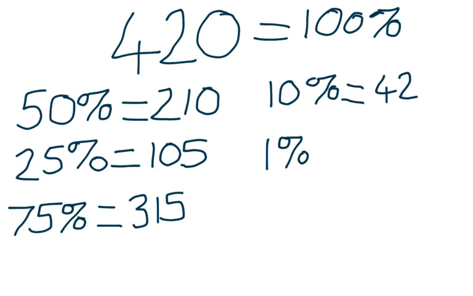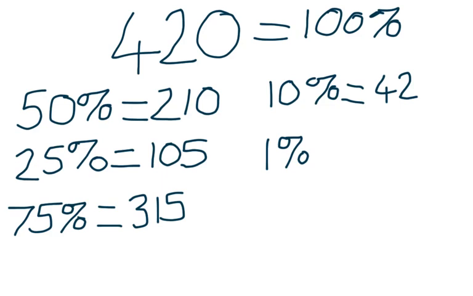And then for 1%, we're dividing by 100. Sorry, I've just divided by 10. The 0 will move into the tenths and then the hundredths. The 2 will move into the ones and then the tenths. And the 4 will move into the tens and then the ones.